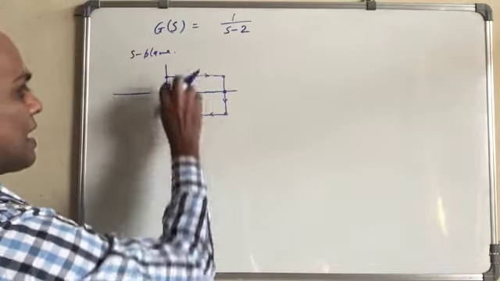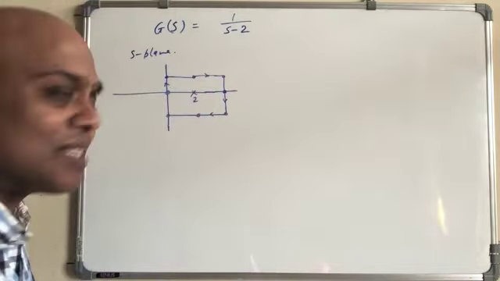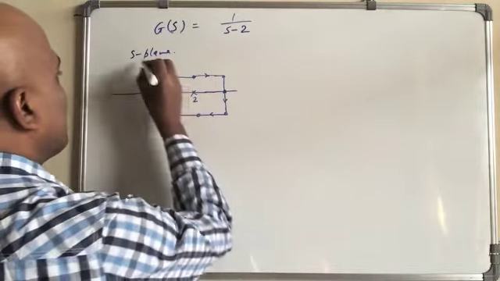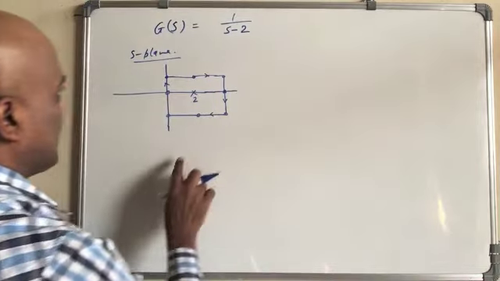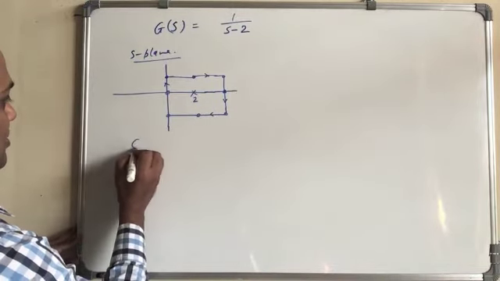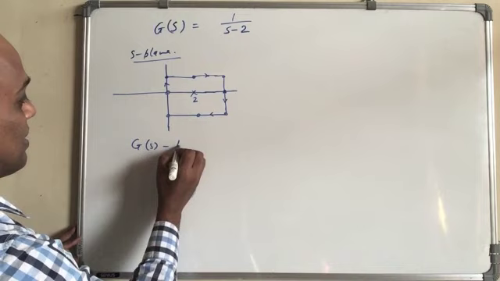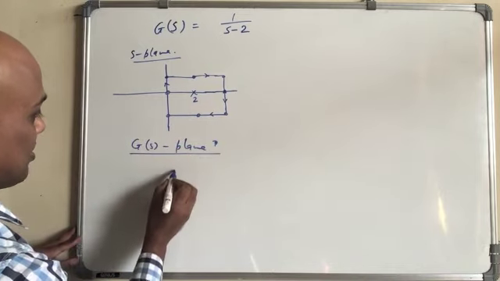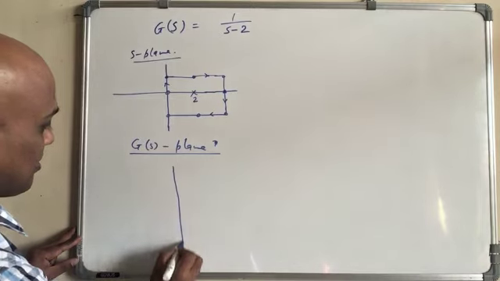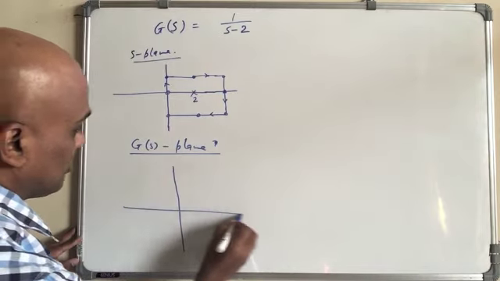This is our loop decided. So this is the S plane, and we want to see how it looks on the G(S) plane. On the G(S) plane, we will have something like this.